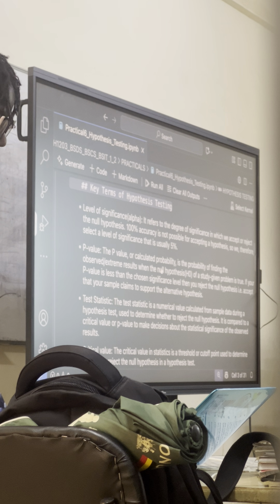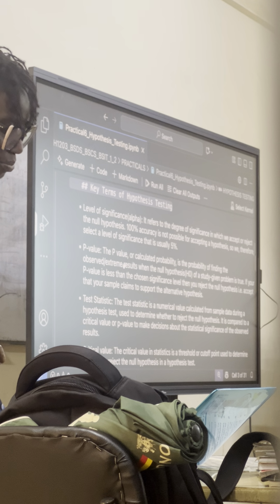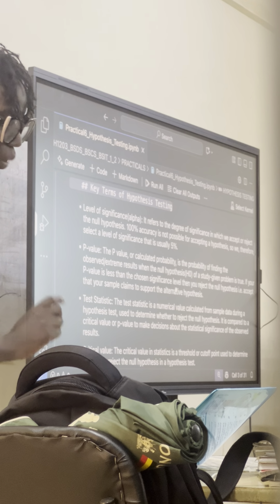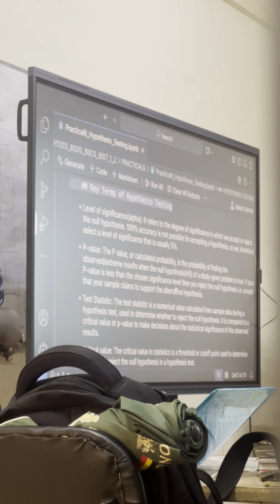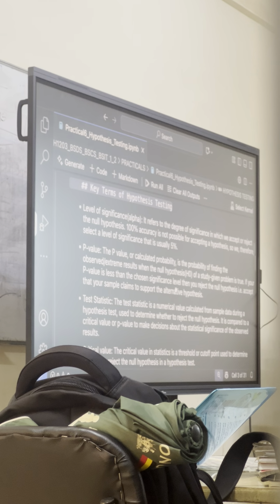The p-value is a calculated probability of finding the observed results when the null hypothesis is true. What is the probability that these results we have gotten, that illustrate a particular variable as being normally distributed?